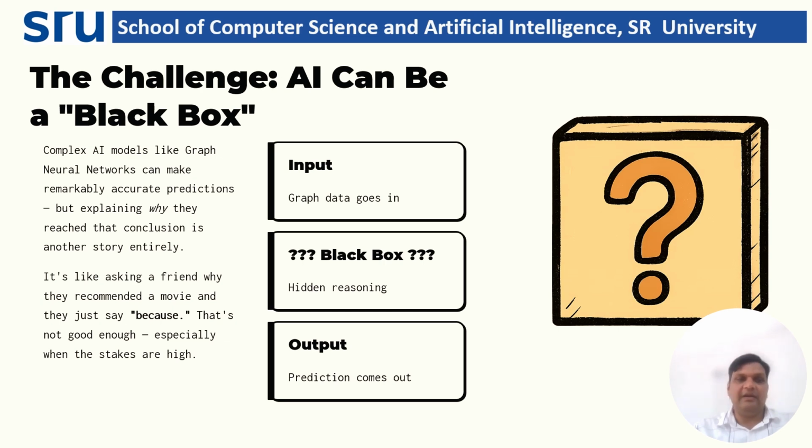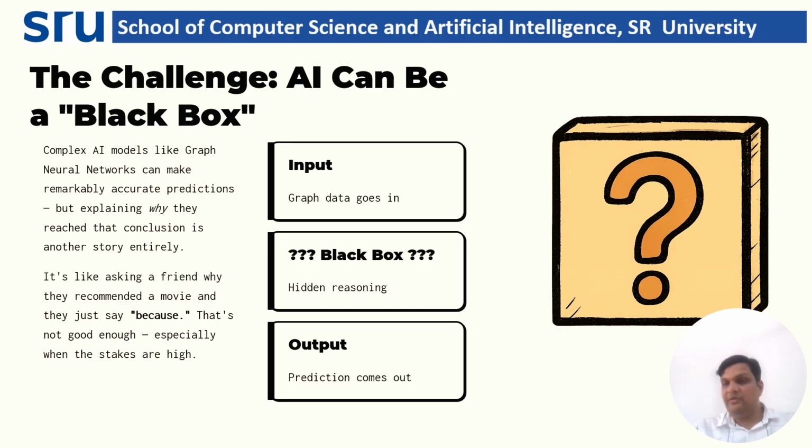It is just like asking a friend why they recommend a movie and they just say, because. That's not good enough, especially when the stakes are high. Here, input graph data goes in, a black box does hidden reasoning, and an output prediction comes out.